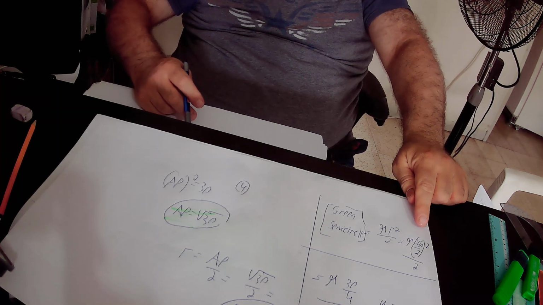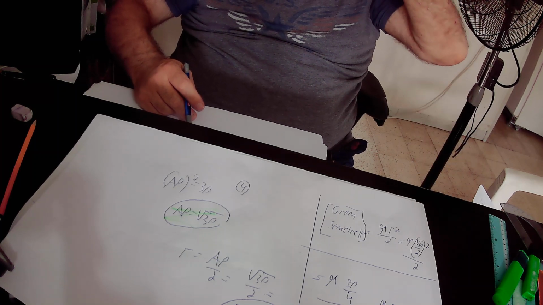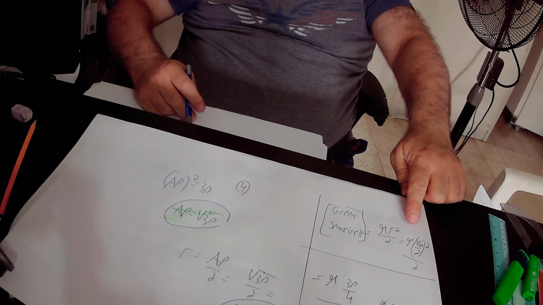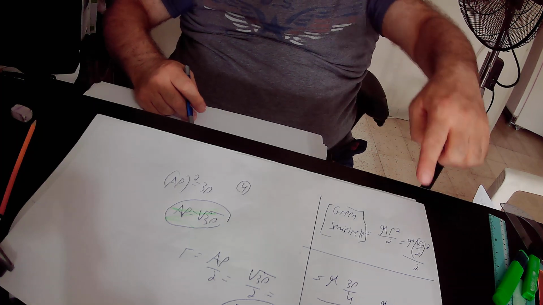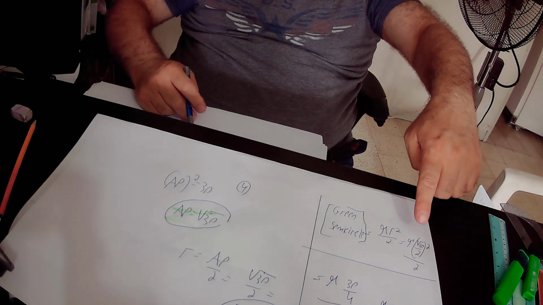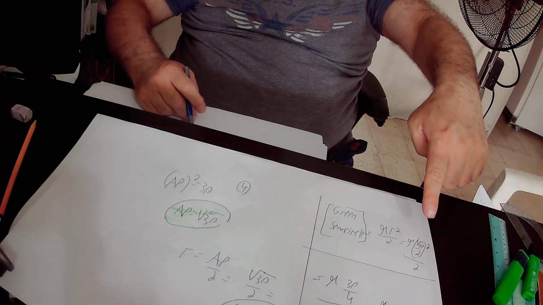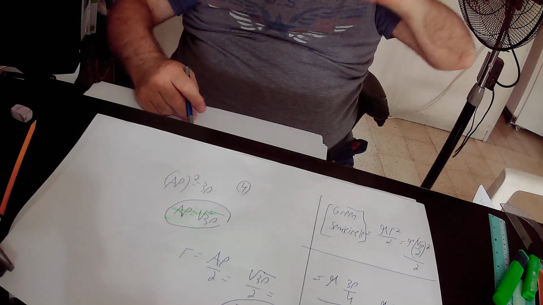Therefore, r squared is the square root of 30 over 2, squared, divided by 2. Opening the brackets, pi times square root of 30 squared is 30, and in the denominator we have 2 squared, which is 4.